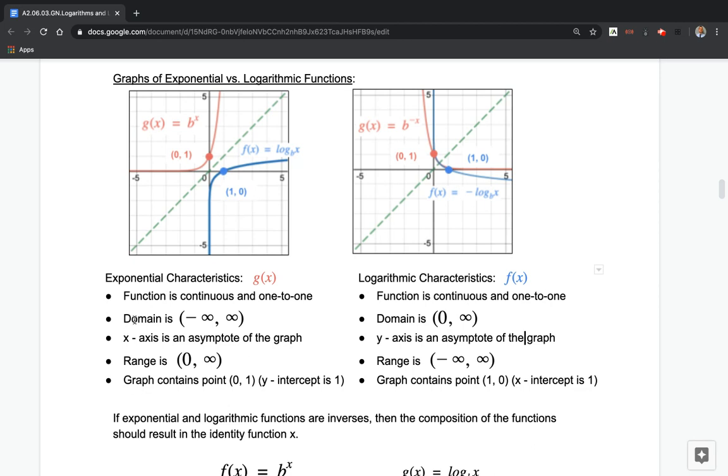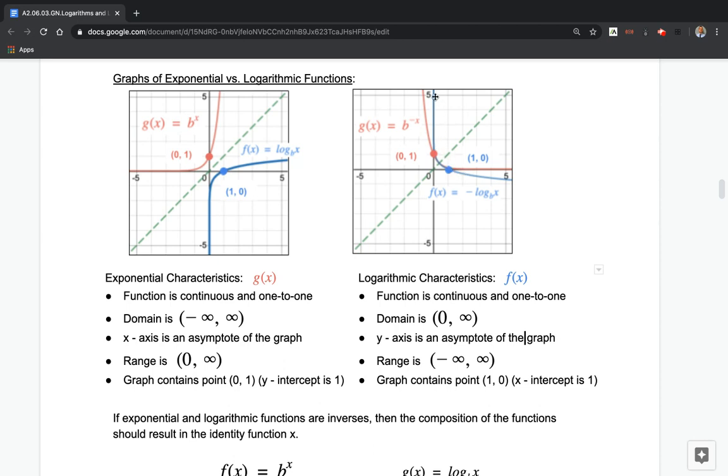The domain for the exponential function goes from negative infinity to positive infinity. That's the exponential growth here, it keeps going for all x values. The domain for the logarithmic function goes from 0 to infinity. 0 is not included. In this case, our asymptote is the y-axis.